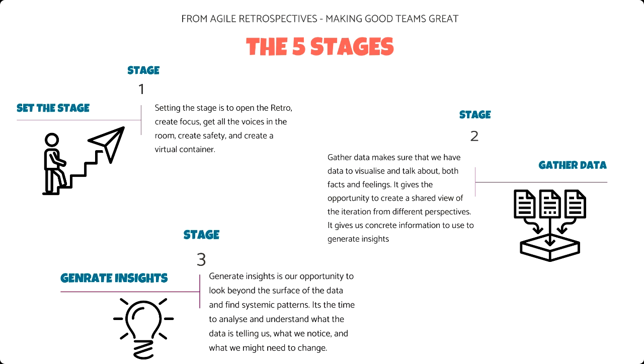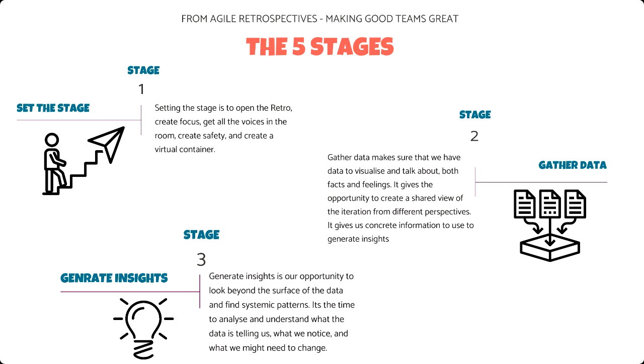Then stage 2 is about gathering data. Now, I often see, and as a young Scrum Master I used to miss this stage, because I wanted to get to the juicy bits, or I wanted to ask people what went well and what didn't go well. But when we ask them what went well and what didn't, we're asking for opinions in the absence of data, okay?